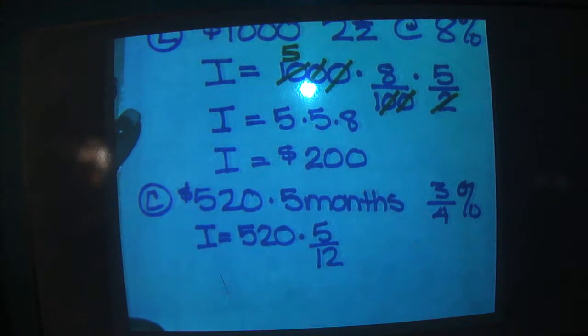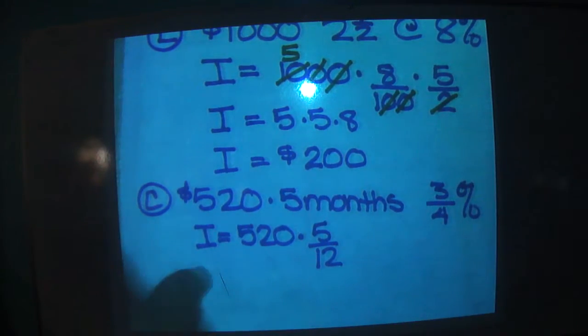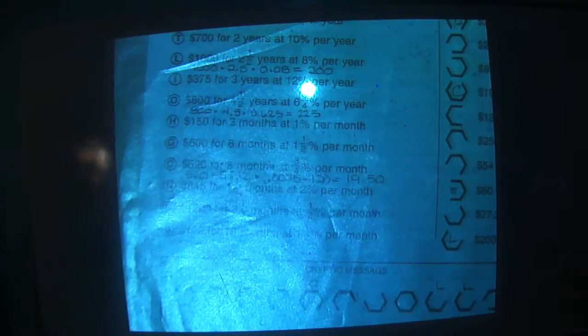Was that hard? No. I like fractions. I like fractions when I'm doing percents and interest. I worked in the bank forever, and fractions really serve me well. What's 3/4 of 1%? Think about this. It's 3/4 per month.